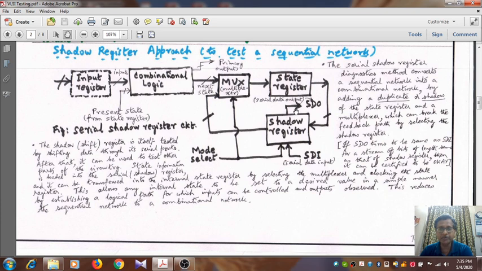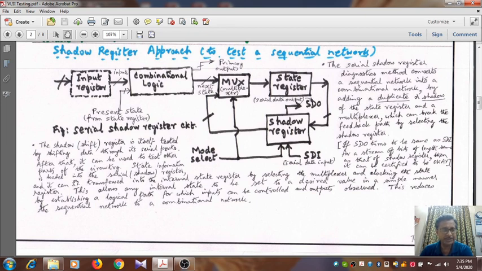If the serial data output happens to be a mirror image of the serial data input over the stream of bits that has the same length as that of the shadow register, then we can certify the shadow register to be okay. After that, you make use of this shadow register to perform its operation for which it was kept. The shadow shift register is self-tested by shifting data through its serial ports. After that, it can be used to test other parts of the circuitry.